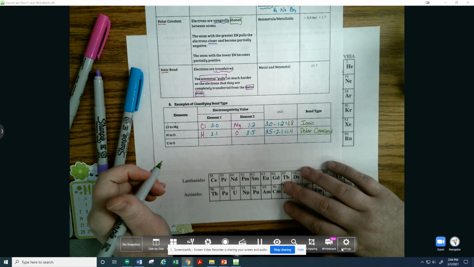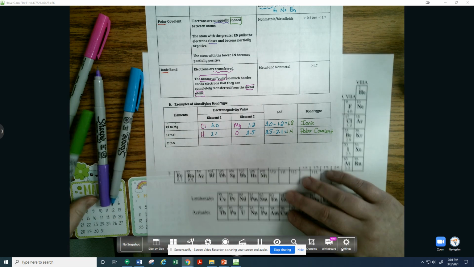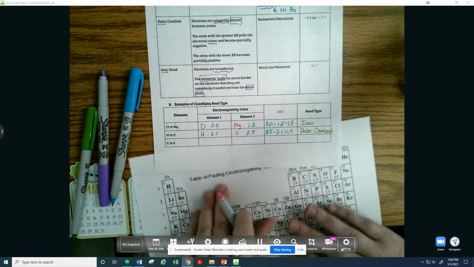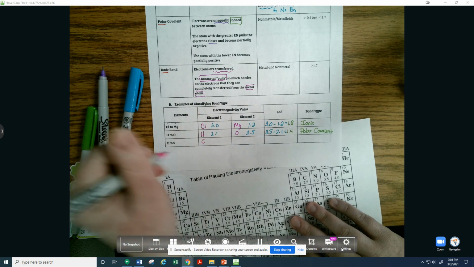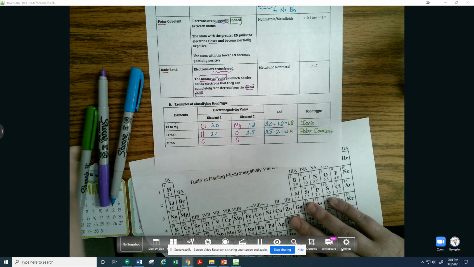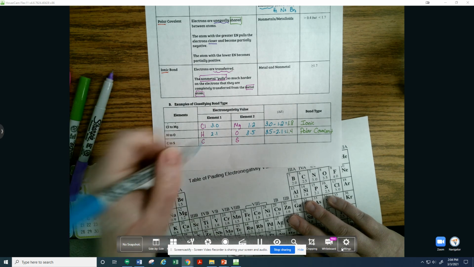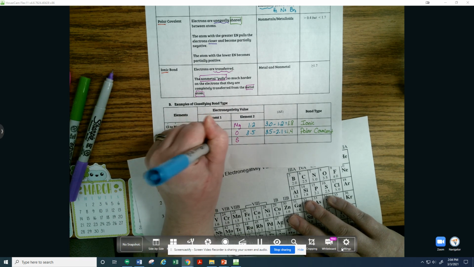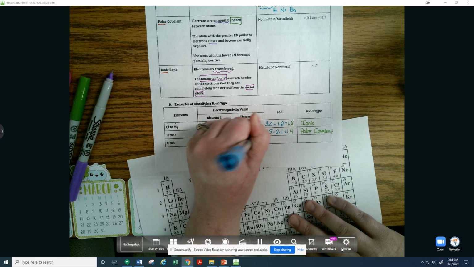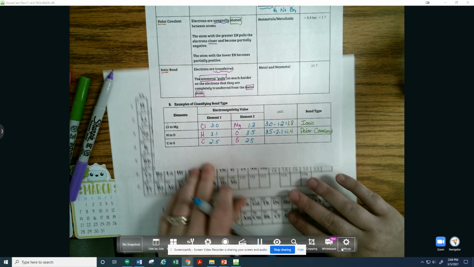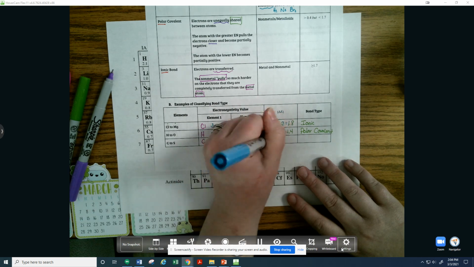So the last one, carbon and sulfur. We have carbon with an electronegativity of 2.5, and we have sulfur with 2.5 as well. If you go to Google, for example, and look up different electronegativity values, they sometimes vary depending on the publisher. So just try to stick with the one that I provided.